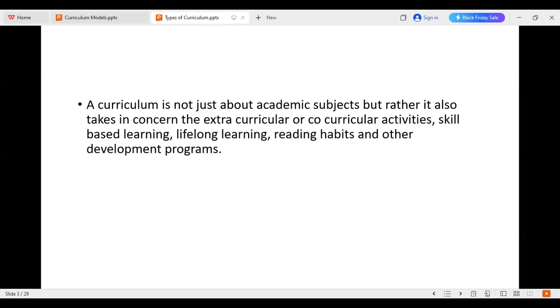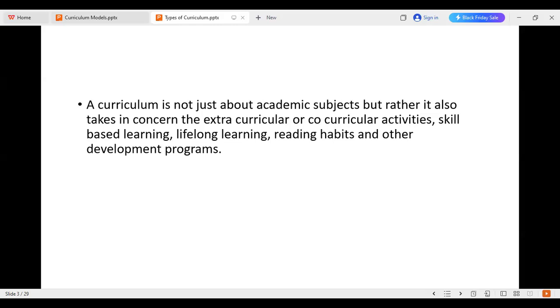Skill-based learning, lifelong learning, reading habits and other development programs are now available because the present society is identified as a knowledge-based society. That is a different concept. If time permits, we can include that concept also in our lecture.